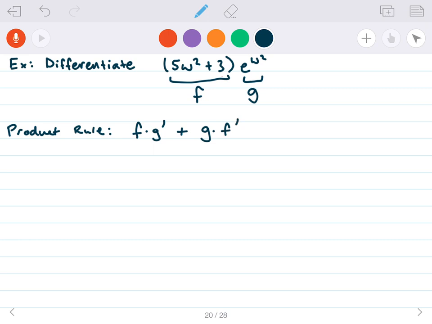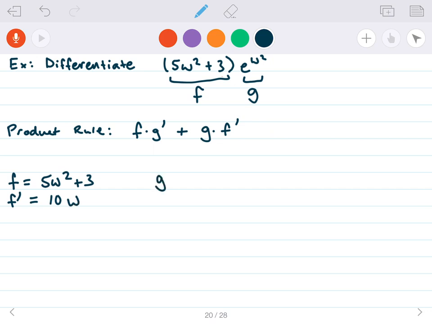So what we need is the derivative of f, and we need the derivative of g. So f we're calling 5w squared plus 3. And so f prime, we can just use the power rule here. So the power rule is just going to give us 10w as a derivative.